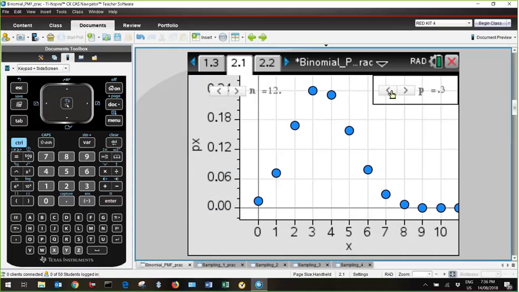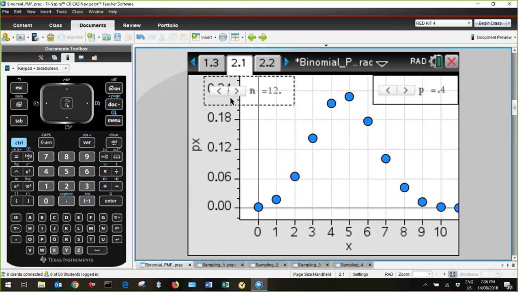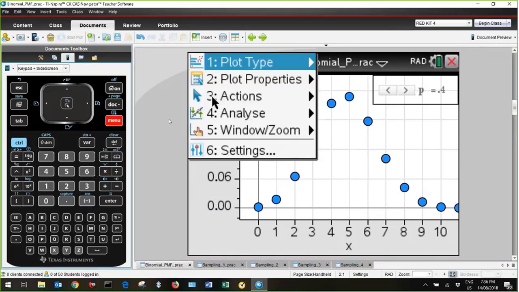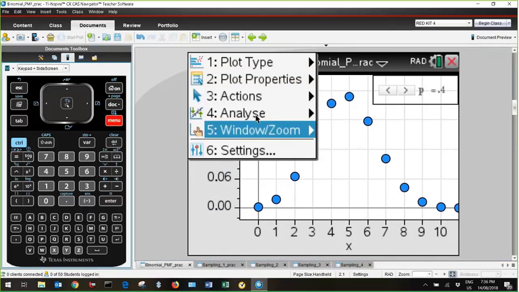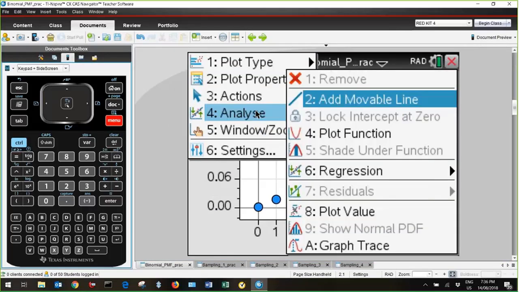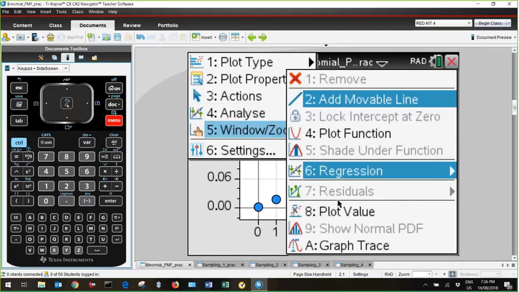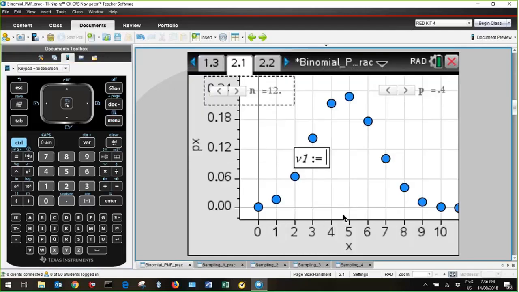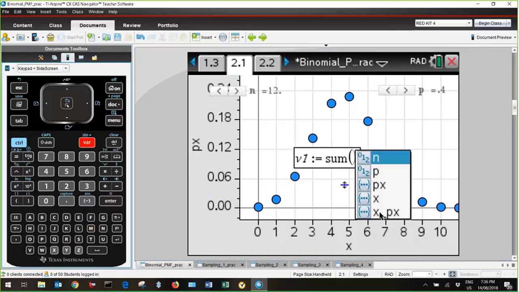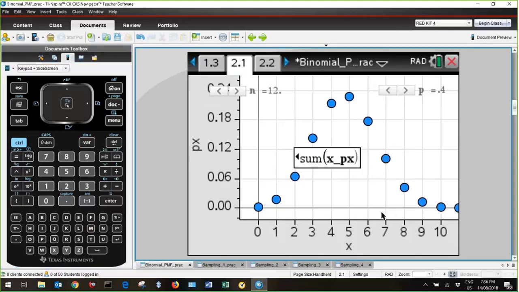But there are a few other things I can do. I can go to Menu, and under Analyze, I can put in a plot value. The plot value I'm going to put in is the sum of the product of x and its probability, which is the definition of the mean or expected value.